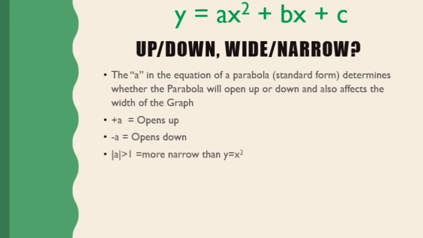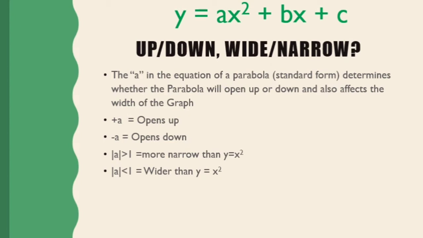If the absolute value of a is more than 1, you're going to have a vertical stretch, which is going to make it appear more narrow than regular y equals x squared. If the absolute value of a is less than 1, then it's going to appear to be wider. It's really a vertical compression, but it's going to appear wider than y equals x squared.